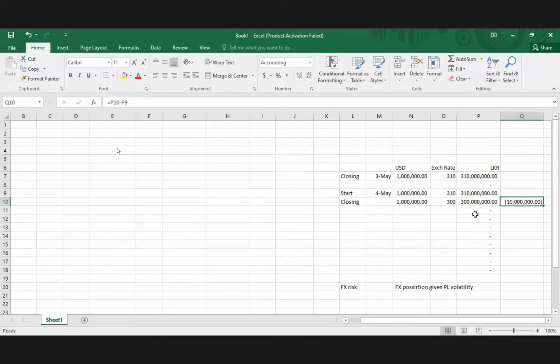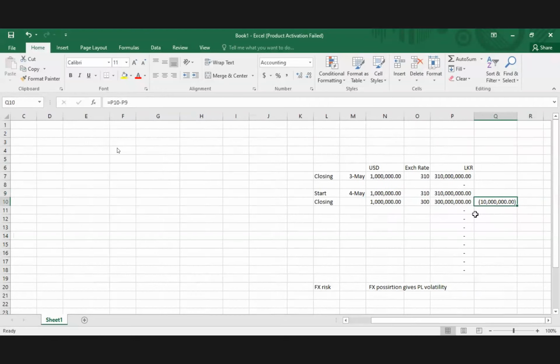I didn't do any transaction, but I ended up with a loss of 10 million rupees. Do you understand? So having a position in any currency other than rupee has given me a loss in this case because of the currency volatility in the adverse direction, not in my favor.